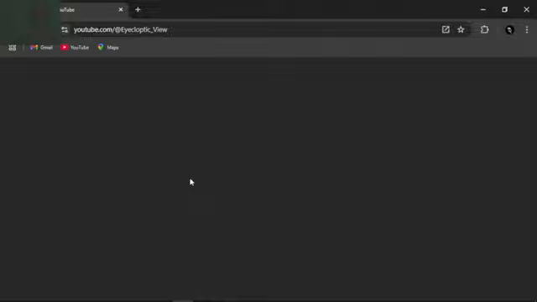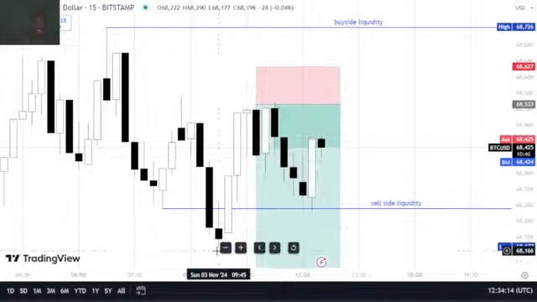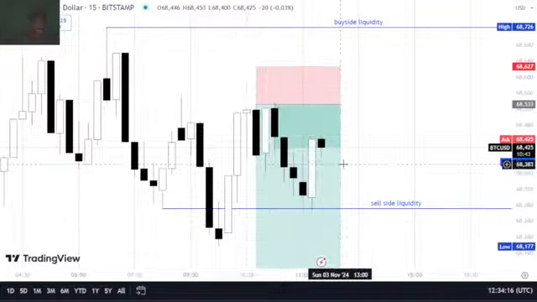Still coming down. As you can see, price is coming down. So we are waiting for price just to sweep all this liquidity, then we take our profit.